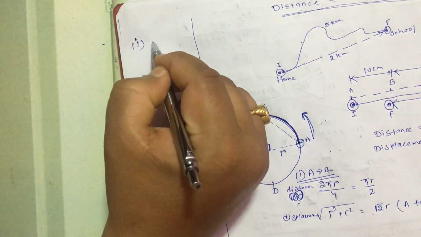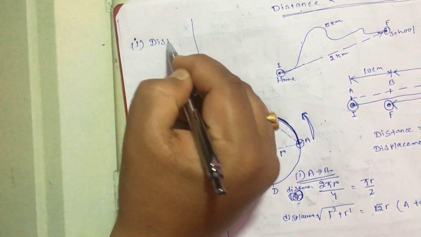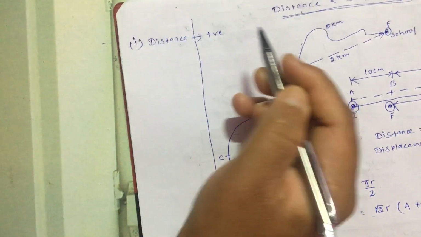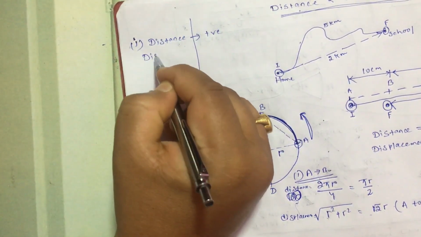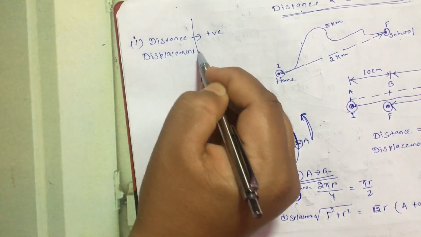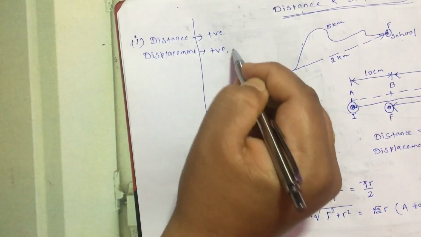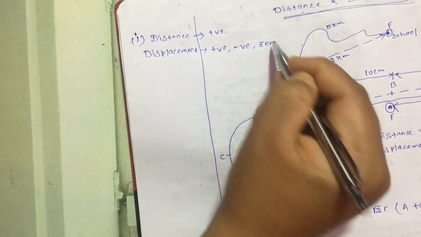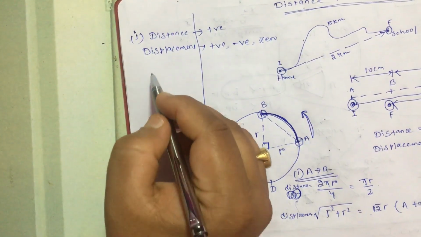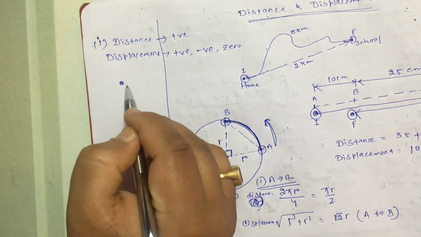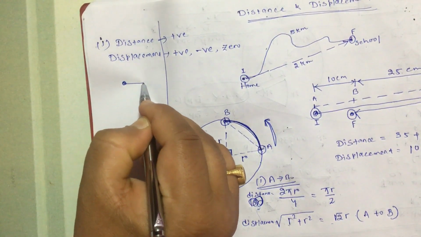Distance is always going to be positive, but displacement, I will come to an example, can be positive, can be negative, or can be 0 also. How? For example, let's say you are going from A to B.